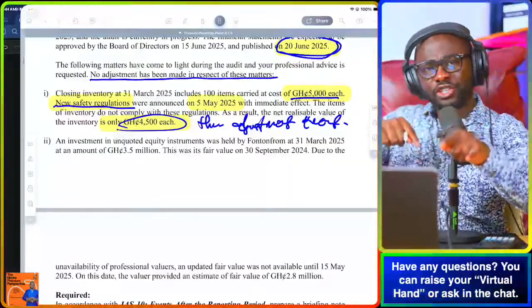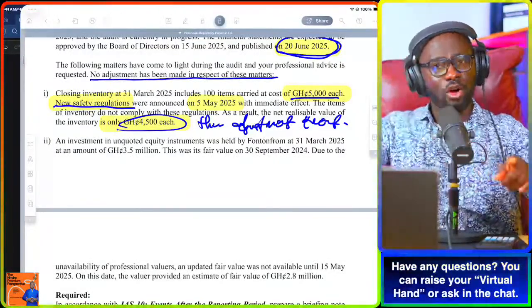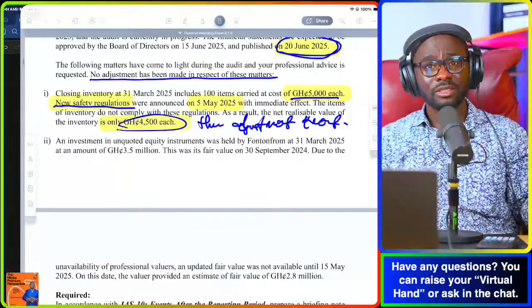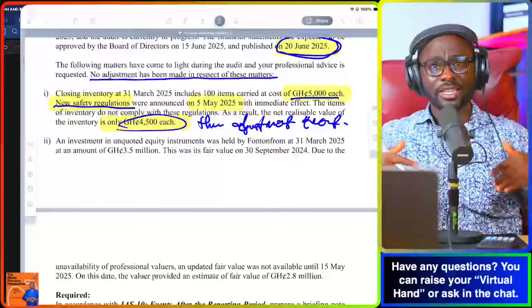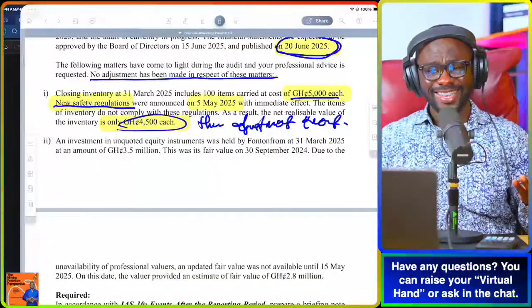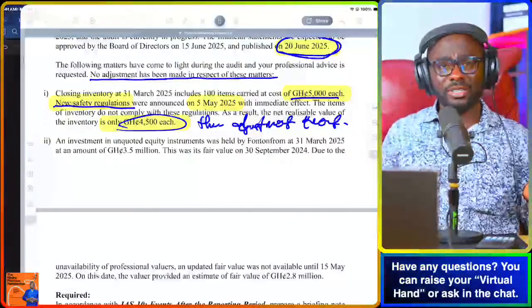But the issue triggering the net realizable value being lower than the cost is a new regulation, which was not there at the reporting date. So this new regulation has no bearing on what was happening at the reporting date.